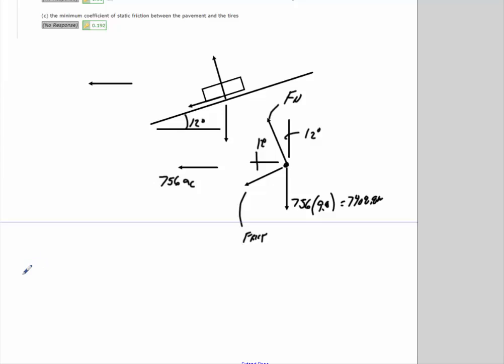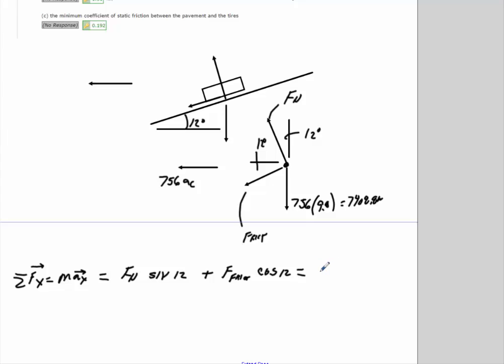So now I'm going to come down here. I'm going to do the summation of forces in the x direction, and set it equal to mass times acceleration in the x direction. In my case, I'm going to let anything that goes left be positive this time. You can make it negative, it makes no difference whatsoever. When I do that, my forces are going to be the normal force, F normal, times the sine of 12, plus my frictional force times the cosine of 12.